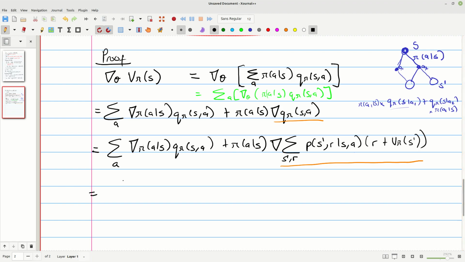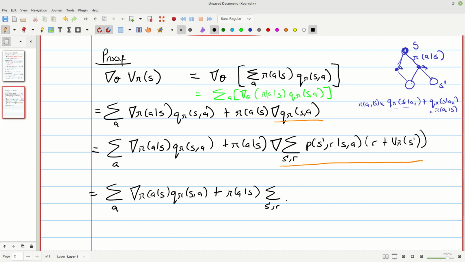So this is equal to the summation over a of, again, the derivative of pi(a given s) times q pi(s, a), plus pi(a given s) times the summation over s prime, r.